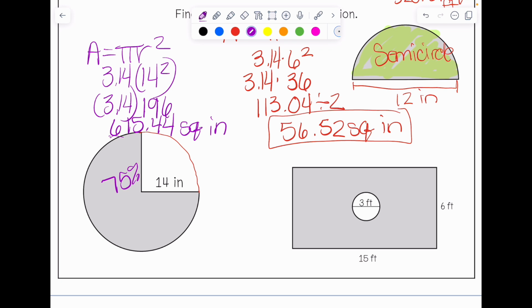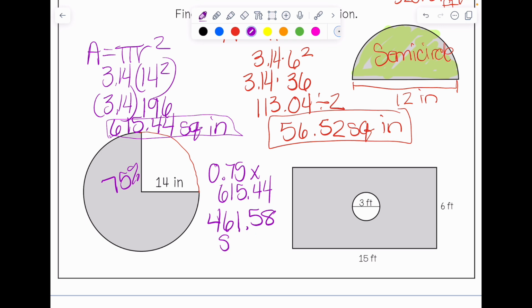So essentially, if this is the area of the entire circle, I want 75% of that number. So I can take 0.75 and multiply that by 615.44, and that would allow me to figure out the area of that shaded region. So that's going to be 461.58 square inches.